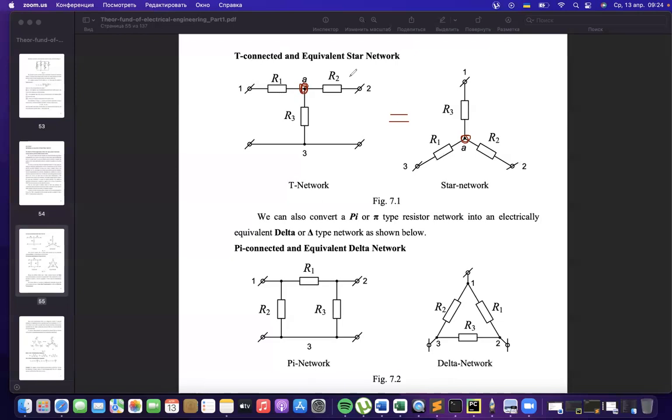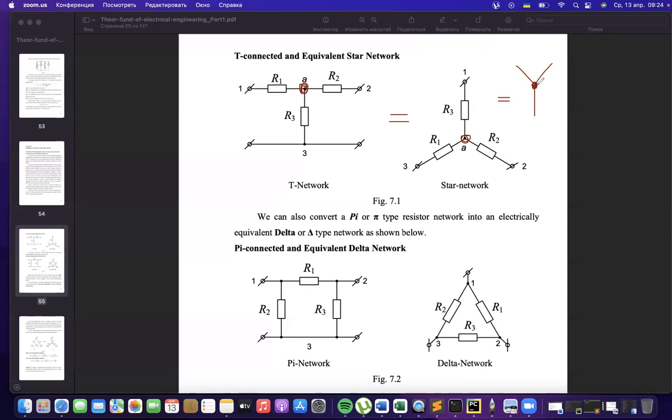T connection because it looks like the letter T, star connection because it looks like a star. Also, sometimes it's called Y connection because it could look like the English letter Y. It is all the same object, but different names depending on literature, depending on the informational source.